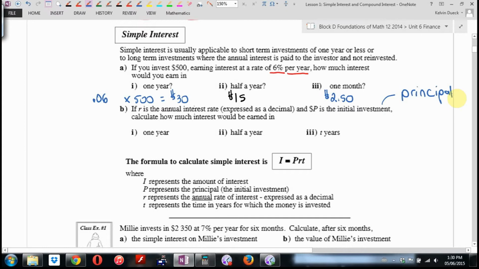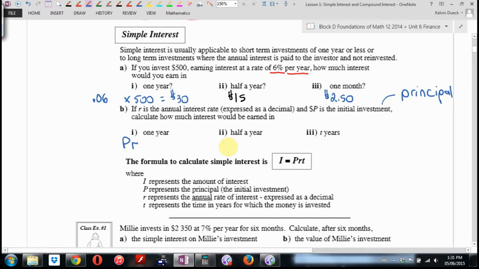How would interest be earned? Well, you would go like this. R times the principal. 0.06 times 500, but it's traditional in the formula to put the amount in front, so I'll do it in that order. Half year.